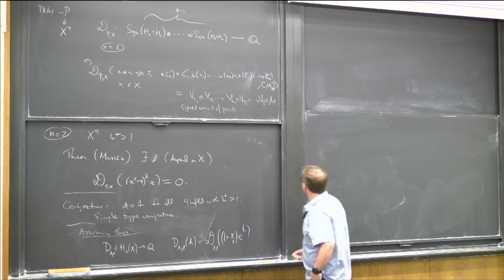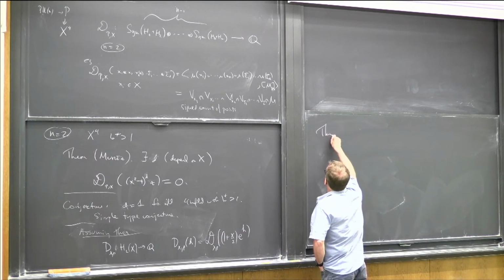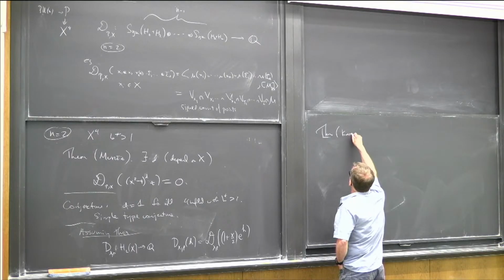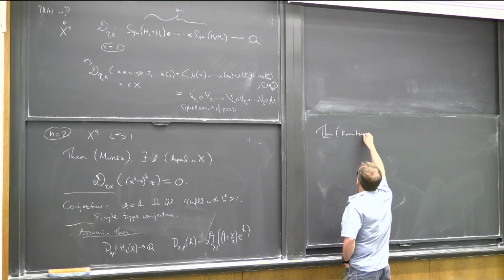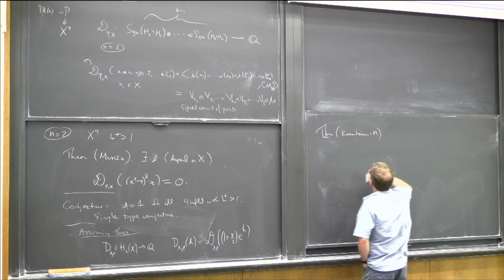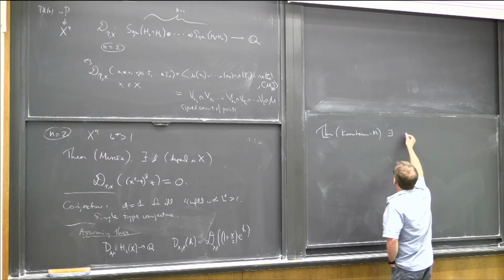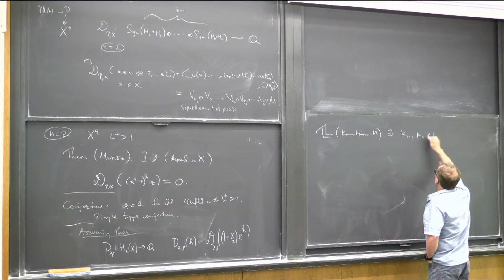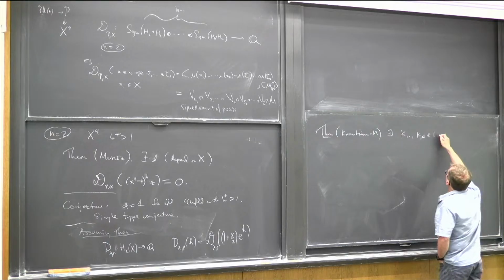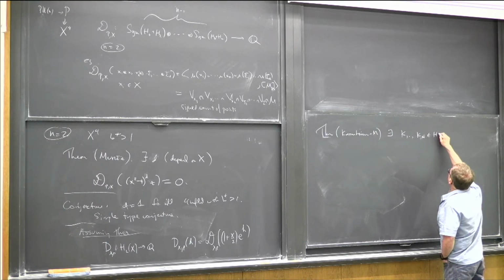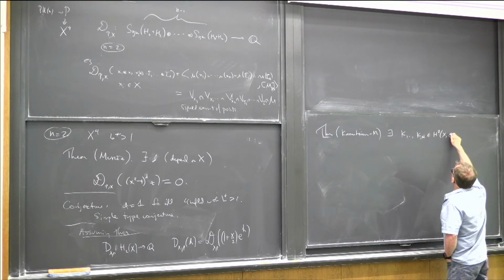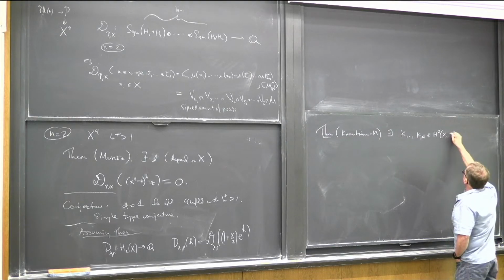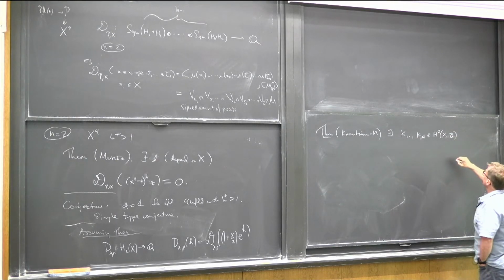If we look at this, then a theorem that Peter and I proved 100 years ago says that there exist cohomology classes, they're actually integral cohomology classes.